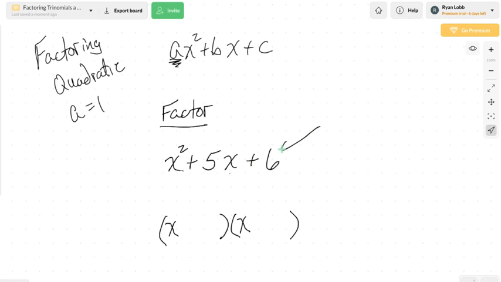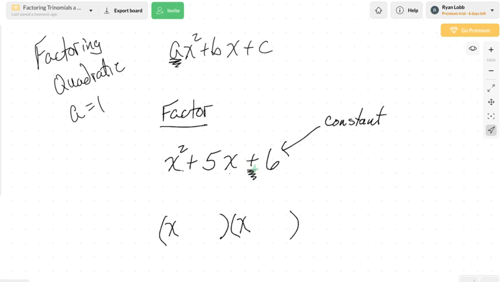This number at the end, without the variable, is called your constant. We're going to look at that constant and list factors of 6. In other words, what numbers multiply to be 6? Well, 1 and 6, and 3 and 2. So factors of 6. Then you read right to left, so after the factors of 6, you look at this sign right here.